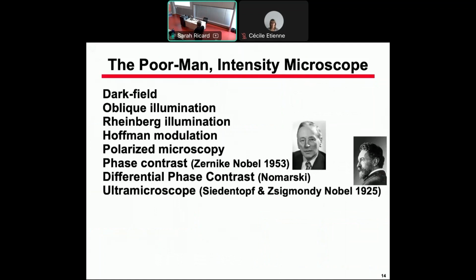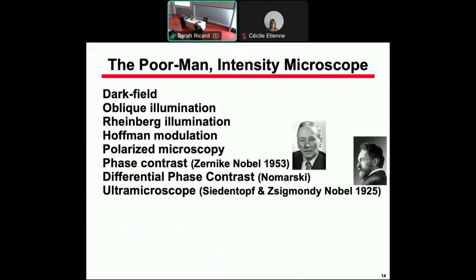And when you look, as I said, the resolution was limited. So people really focused on how they can get better images, with better means, without fluorescence at that time. And many techniques have been invented, like dark field microscopy, oblique illumination, etc. A few of them: the phase contrast microscope, which was awarded to Zernike.